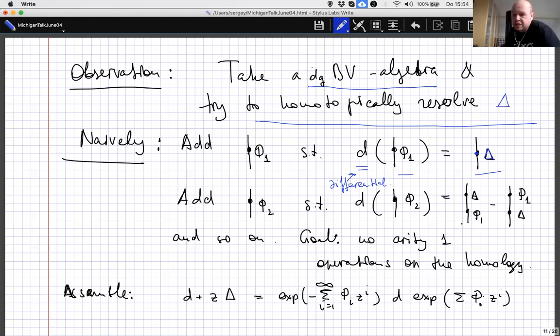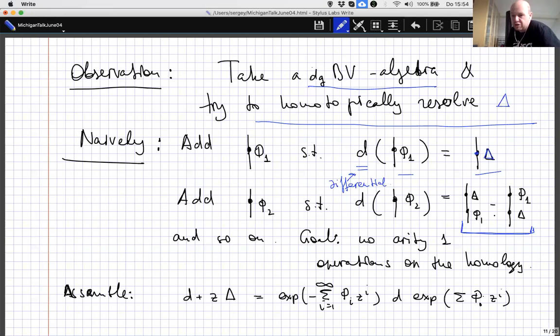This expression might give me something non-trivial on the cohomology, because if I commute this expression, it's just a linear combination of operations in a DG algebra, right? So I get something non-trivial.